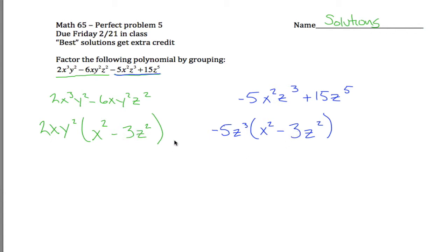And that's good news because that's the exact same thing I have in the parentheses over here. So what we're now going to do is take this a step further. Look at this like it's two terms. This is one of them and this is the other. And each of those terms has something in common, namely x squared minus 3z squared. Right? They both have that thing in them. So I can factor that thing out in front. I can pull out this and this.